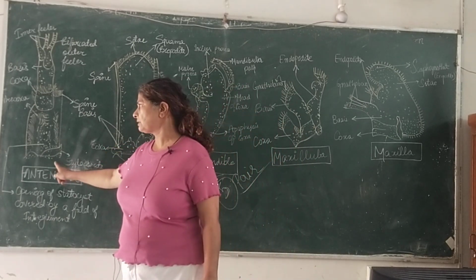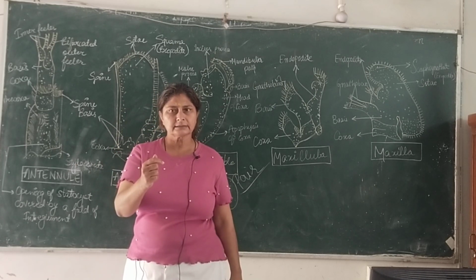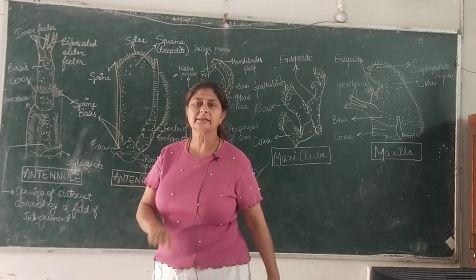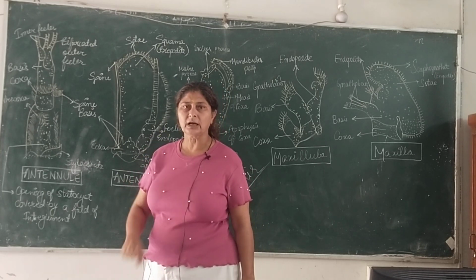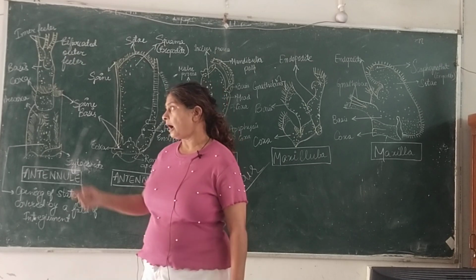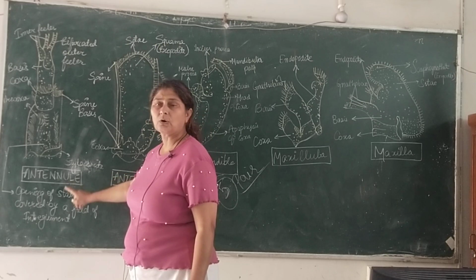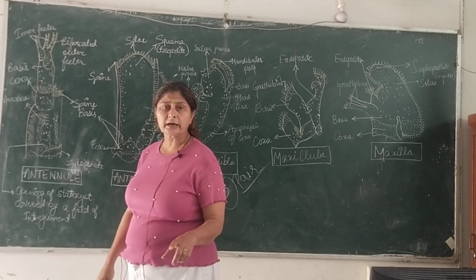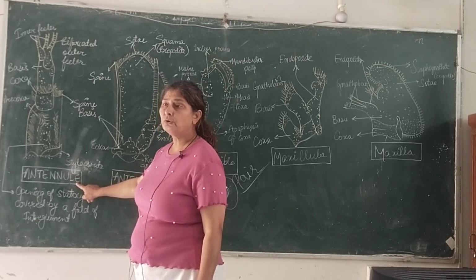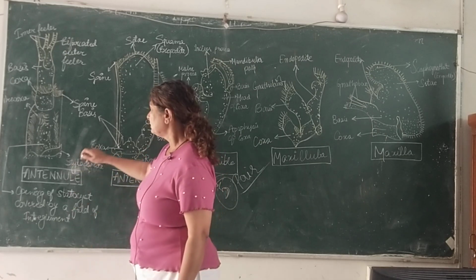Now first, just after the rostrum, comes the eye. The compound eye is at the end of the stalk, as I told you in the previous lecture. After that there is a very important appendage, called the antennule.